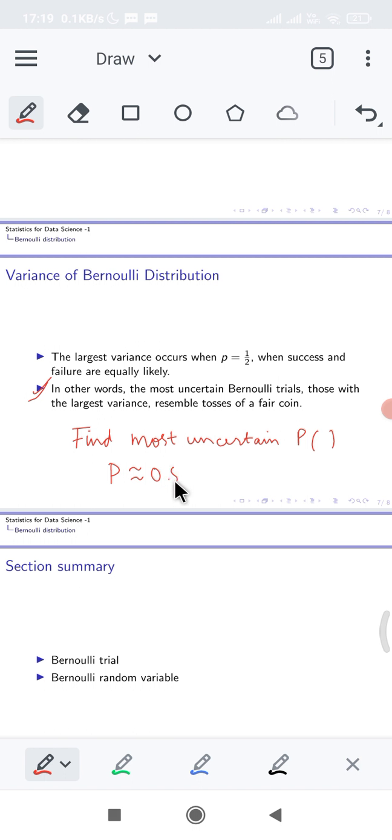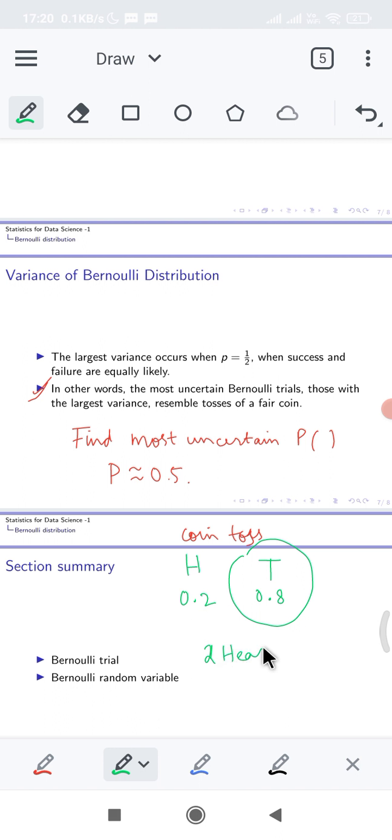You can see that it is likely certain to get tails, or you can say that it is expected to get two heads in 10 tossings. Or you can say that it is certain to get more tails than heads.